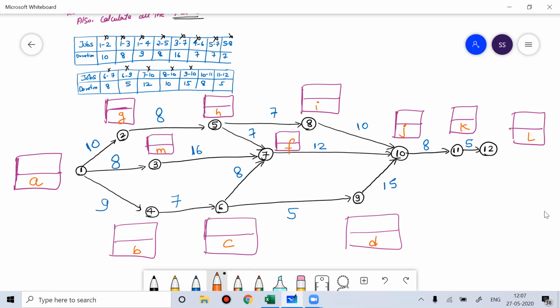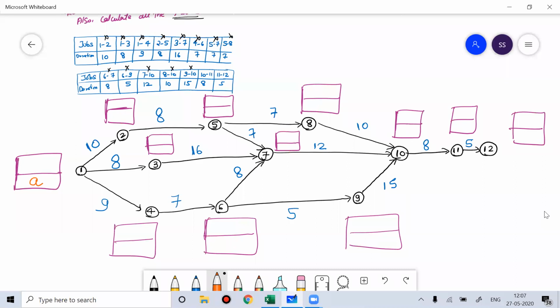So I'll determine the earliest start time first, using forward pass calculation, to calculate how early I can do the work.